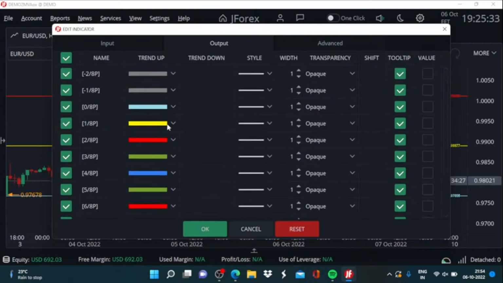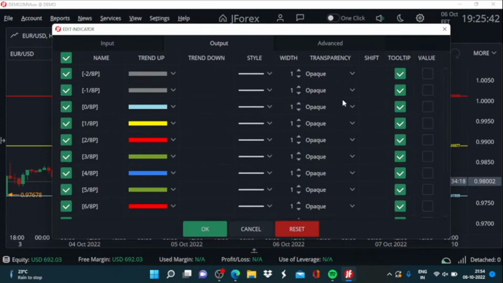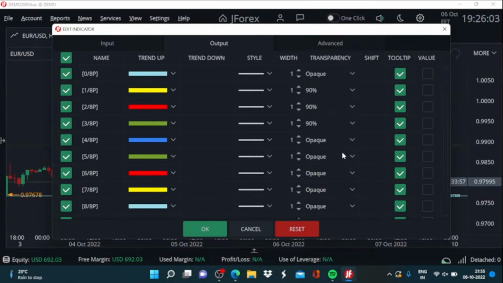All right, now you can go for a color combination as per your choice. You can always use these other options also. If you go for reduced visibility for some of the lines, you can do that as well. Suppose you want to keep some lines prominent and other lines only as a highlight or in the background of the chart, you can do that.